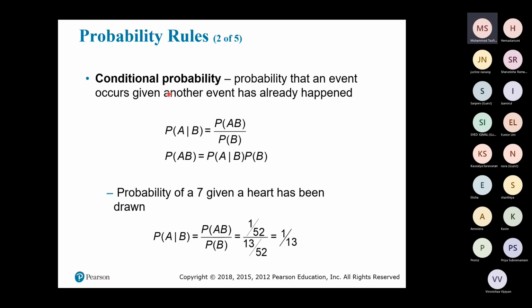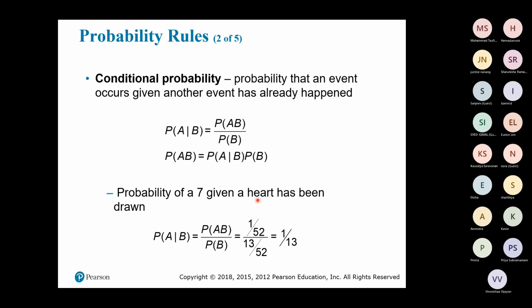Okay, conditional probability. Conditional probability is the probability that an event occurs given that another event has already happened. For example, let's say you want to pull a 7 after a heart has been drawn.